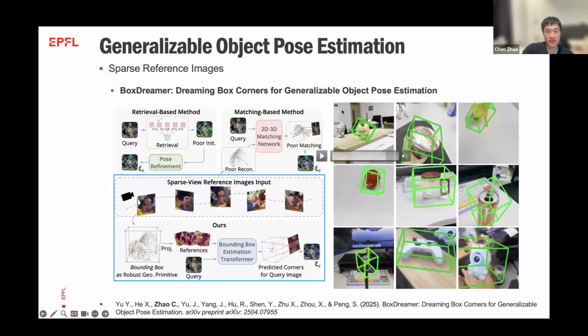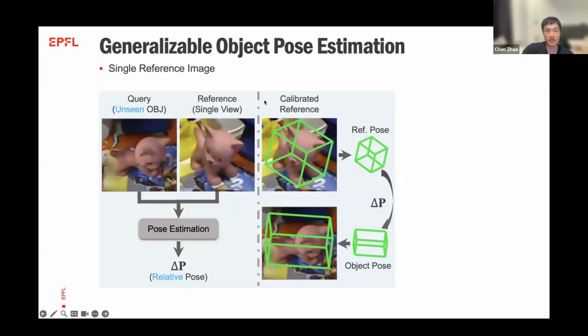Okay, so the last setting is single reference image. This is the most challenging scenario. In this case, we don't have dense view images, we don't have sparse view images. What we have is just a single view image like this. If we only have this single view reference image, what we have is just a relative transformation from the reference view to the query view.